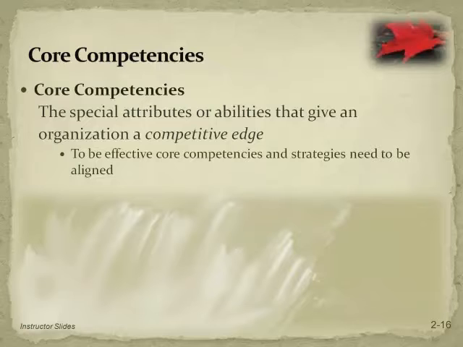So the definition of a core competency, it is a special attribute or ability that an organization has that enables it to compete. So let's take an example. Let's say that you are an athlete and you have a strategy for your particular team for competing with other teams.